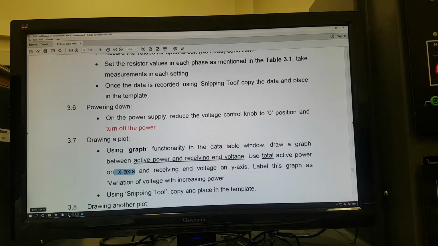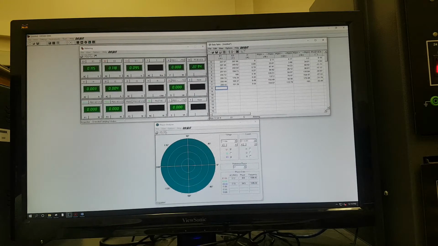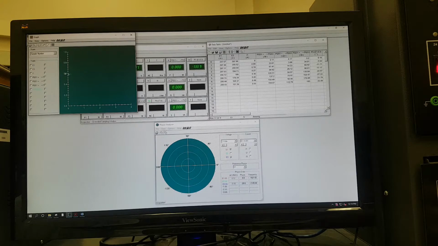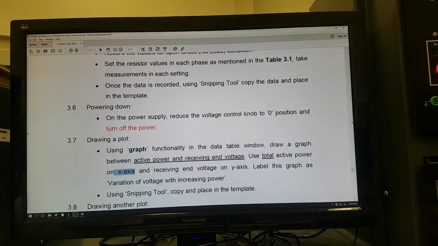So in the graph, total active power is the x-axis, and receiving end voltage is the y-axis. No, this is y-axis, this is x-axis.